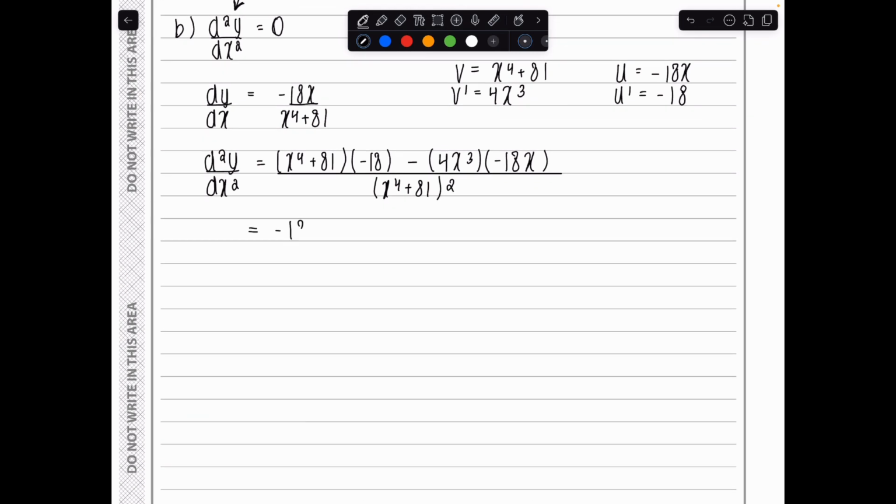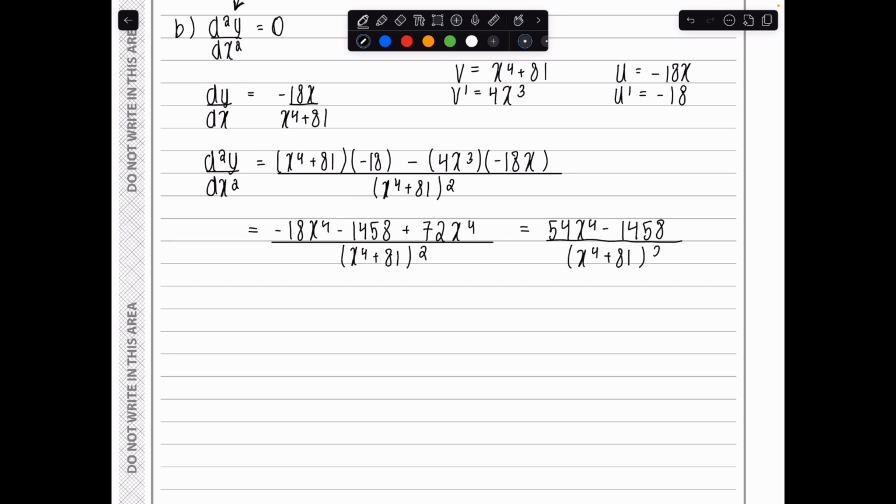So we have a negative 18x to the 4 and we have a negative 1458, and then we have a positive 72x to the 4, and all of that is over the same denominator. So we have x to the 4 plus 81 squared. So now here, if we simplify our numerator, what we get is 54x to the 4 minus 1458 over x to the 4 plus 81 all squared.